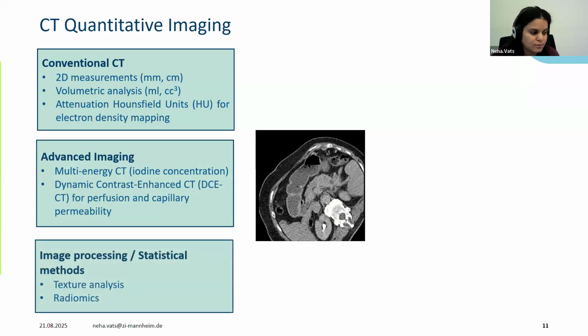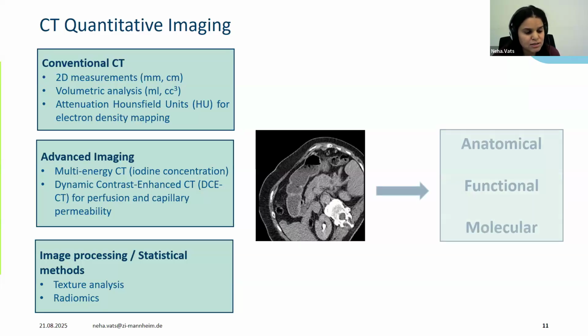There are more modern methods such as image processing or statistical methods, like radiomics and texture analysis, that are used in CT to diagnose various diseases or to help in treatment or therapeutic responses. All these parameters give us anatomical, functional, or molecular information about the area being imaged or scanned.